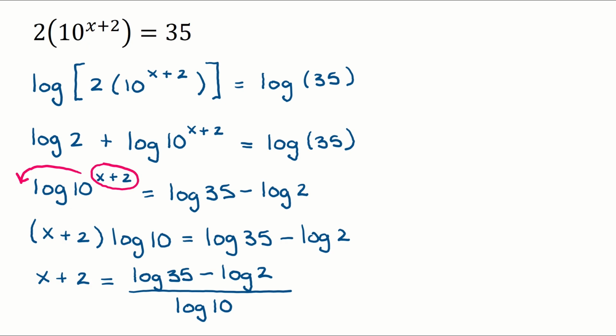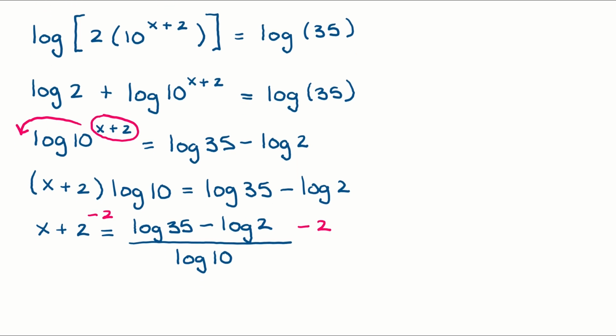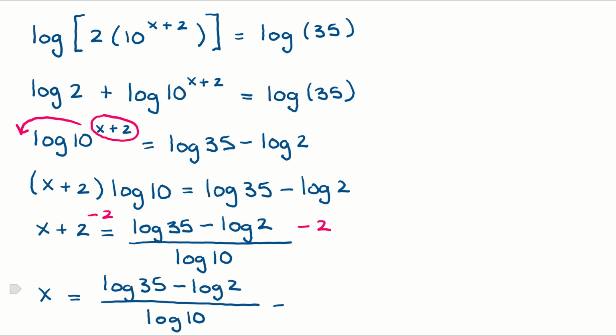And finally, we can subtract 2 from both sides, giving us a final answer of x is equal to log of 35 minus log of 2 over log of 10 minus 2.